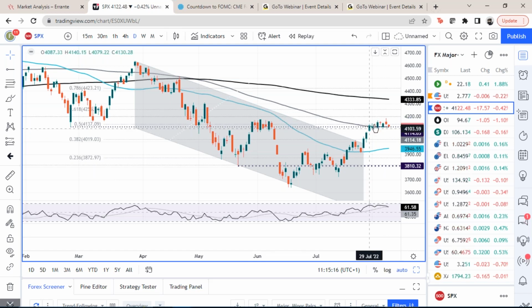So if this is bullish consolidation of this move up from the June lows, and it does kind of look like bullish consolidation, then potentially we need to move above 4,200 and that long-term fib level, up towards potentially 42.55, which is the 61.8 of this move from March down to June. So, levels to look for on the upside.